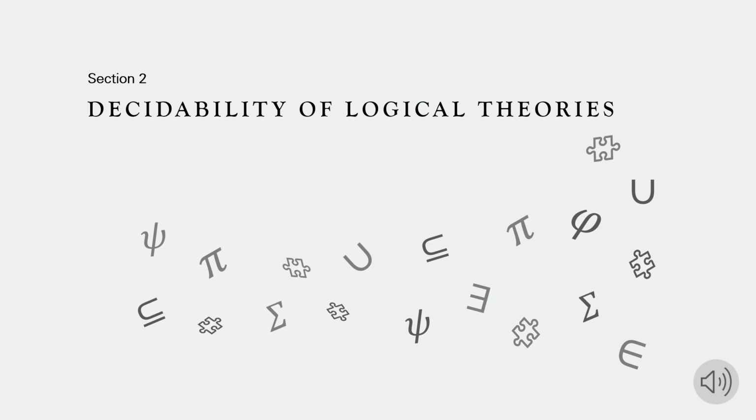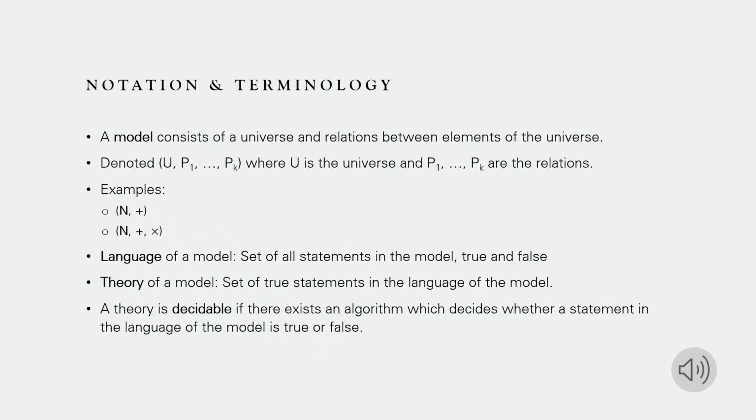Now we are going to talk about the decidability of logical theories. To understand decidability of logical theories, we need to understand notation and terminology. A model consists of a universal set and the relations between the elements of the set. It's denoted as a tuple, where U is the universal set and P1 through Pk are the relations.